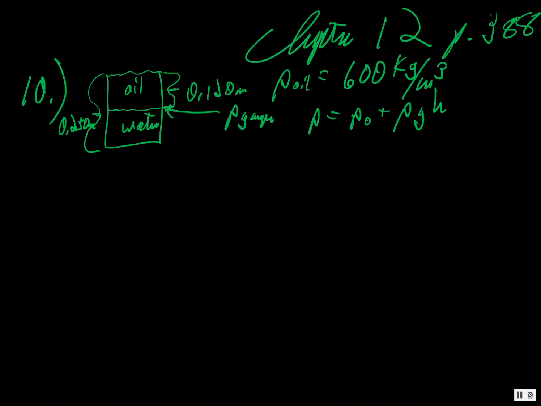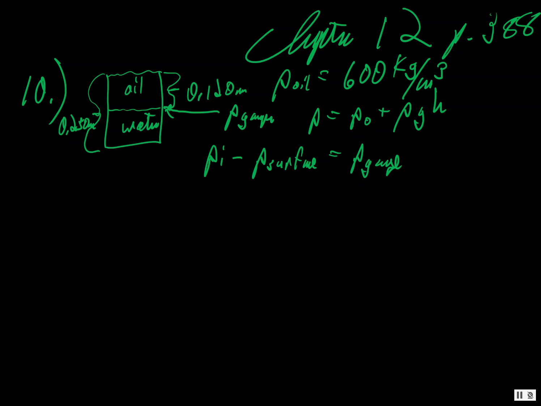So let's rearrange our equation. It'll be the initial pressure minus the pressure at the interface surface is equal to the gauge pressure.